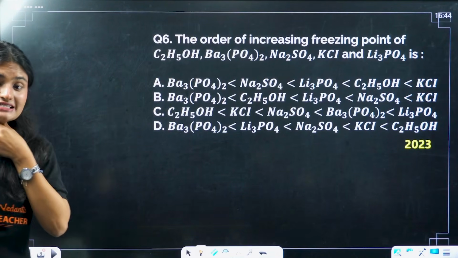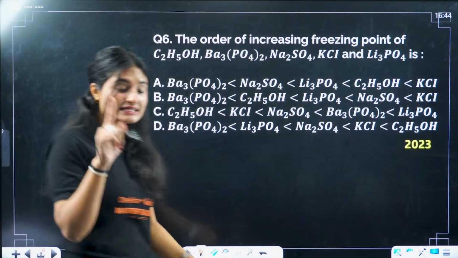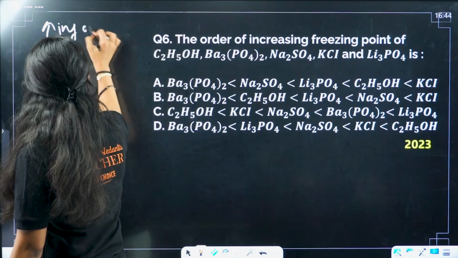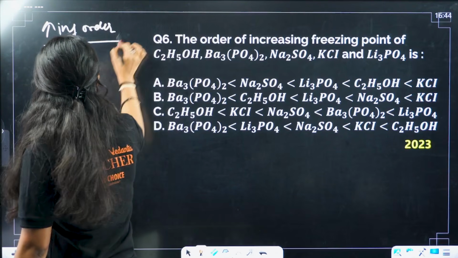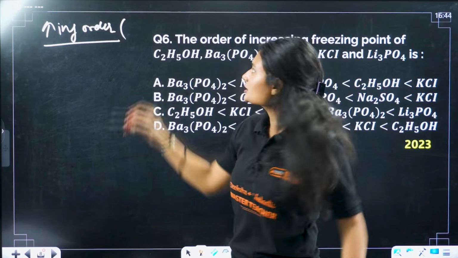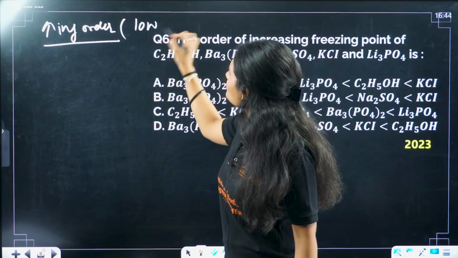Again, freezing point, increasing order. Let's just clear one thing. That means freezing point is increasing, right? So that means what is happening here? Low depression in freezing point.